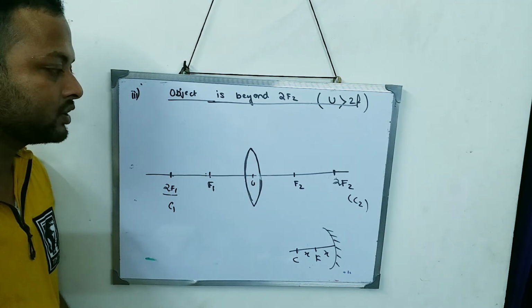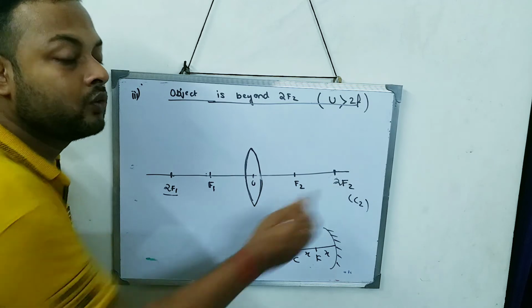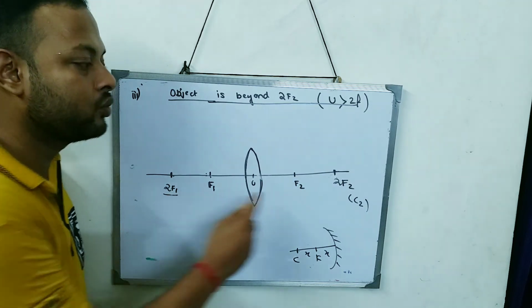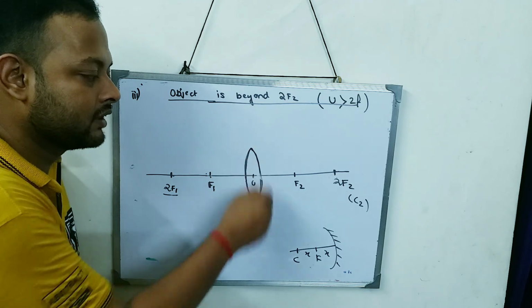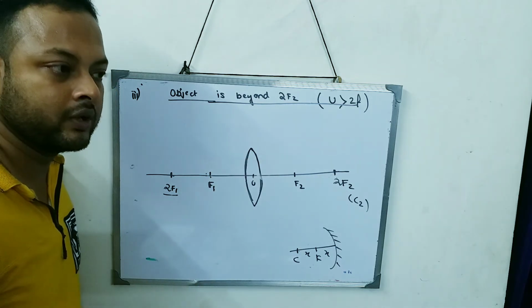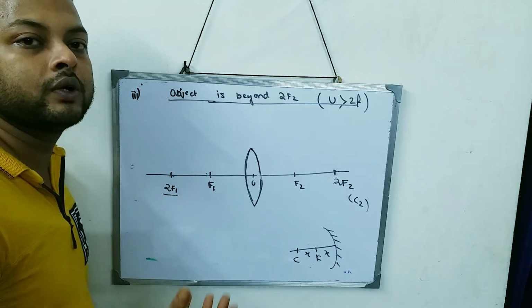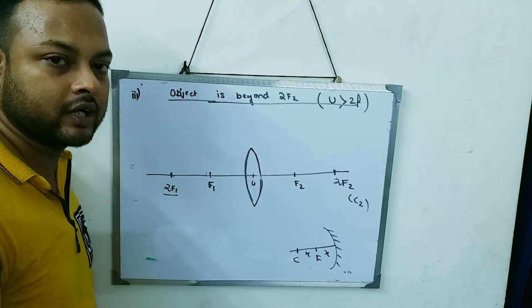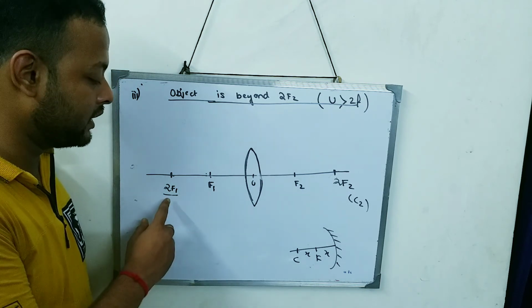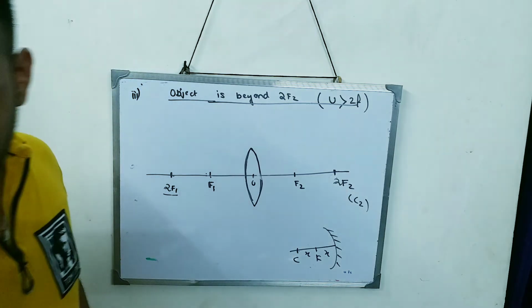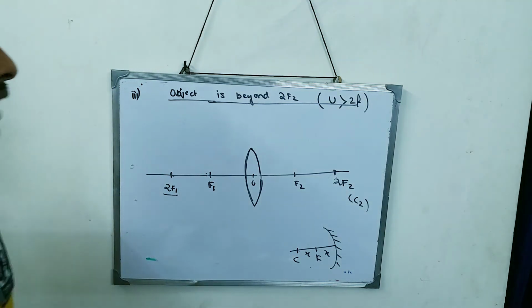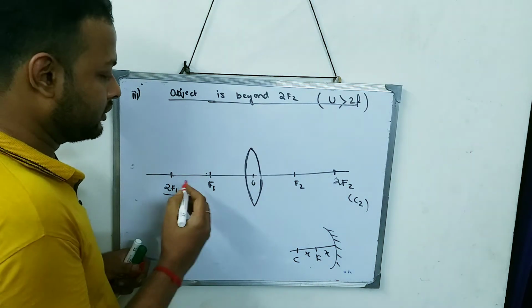So I hope you understood the 2f1 and 2f2 concept. This 2f1 and 2f2 represent the centers of curvature for this surface and this surface. But in the chapter of lenses, we do not express that as center of curvature. We represent that as twice f1 or twice f2. Now coming over here, where is the object?